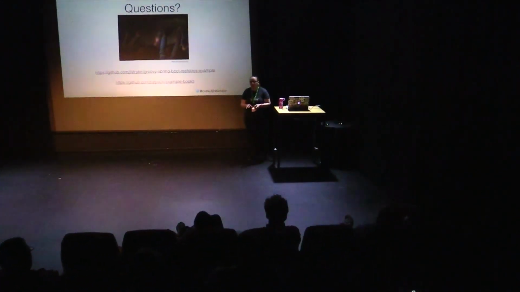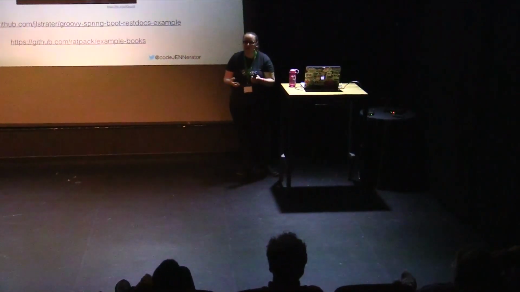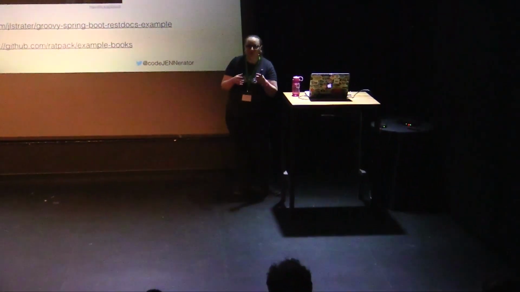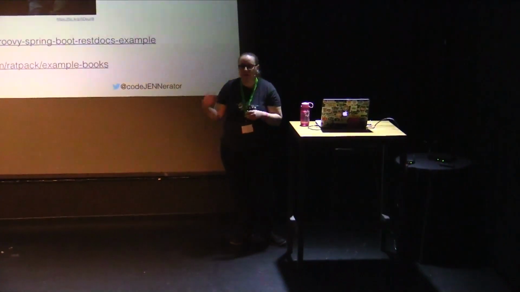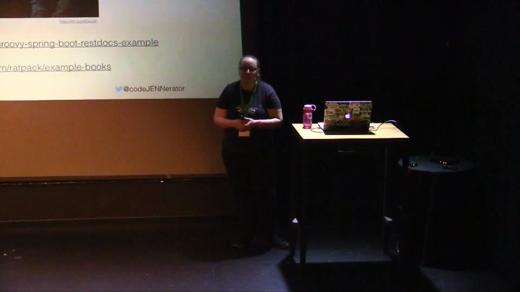So if you've already invested in setting up Swagger, you may continue to go in that direction. But like I mentioned, there's no reason why you can't still generate your Swagger spec and generate your documentation from Spring REST docs.